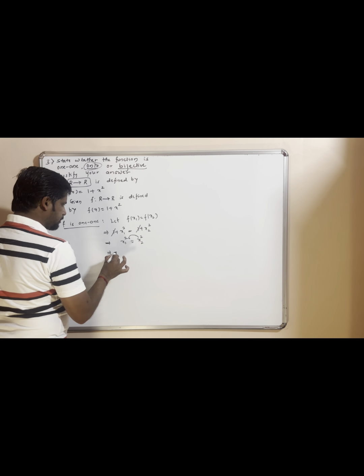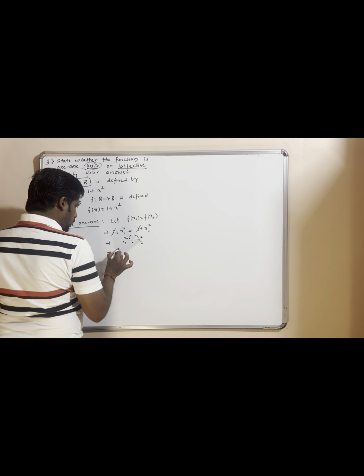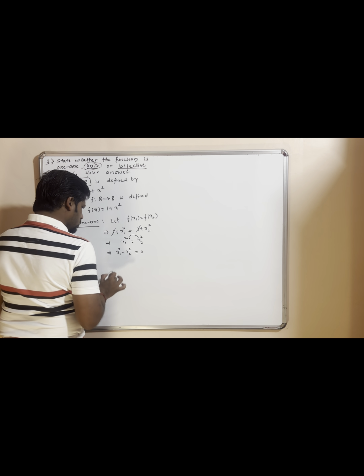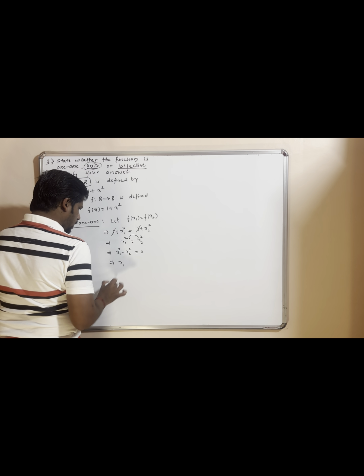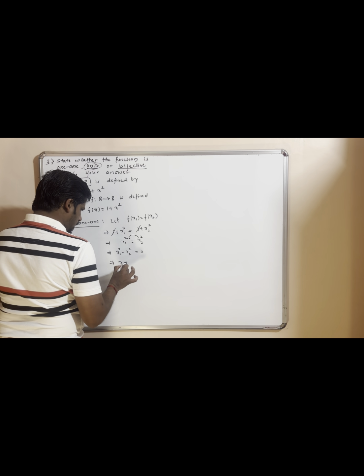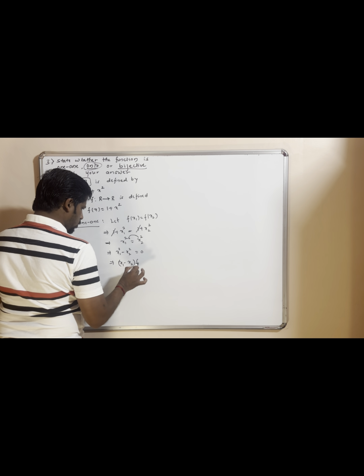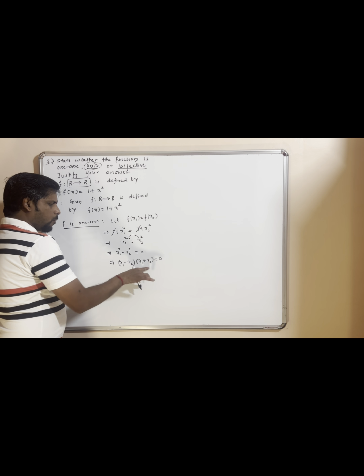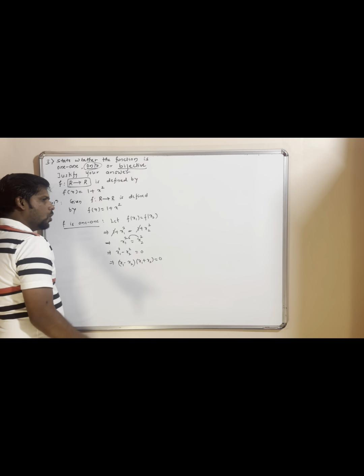So take this to this side. We get x1 square minus x2 square is equal to 0, or x1 minus x2 into x1 plus x2 is equal to 0. I applied the a square minus b square formula: a minus b into a plus b.